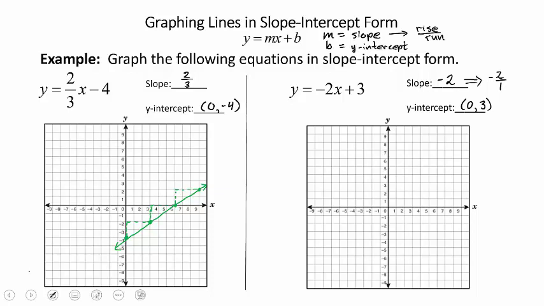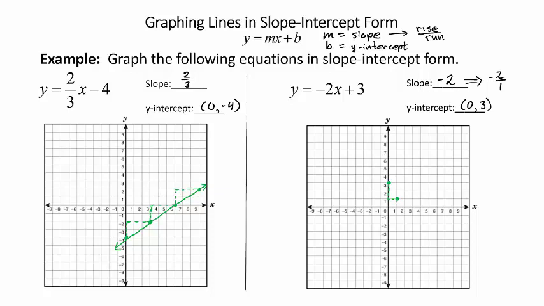Okay, so let's plot the point that we know, (0, 3), on the y-axis. And then how are we going to use that slope? Well, when the slope is negative, instead of rise over run, you fall over run. So in this case, we're going to go down 2 units and we're going to run over 1 unit, right?